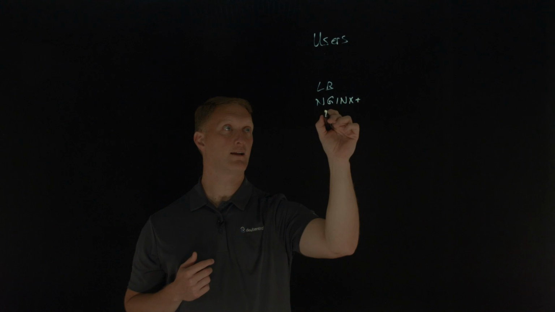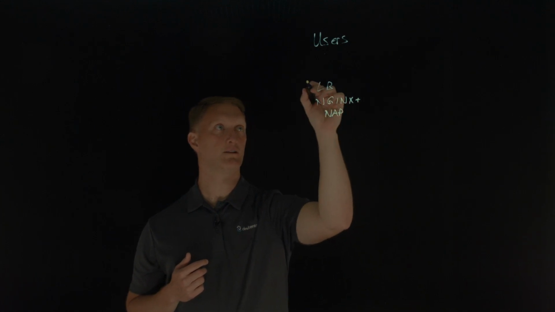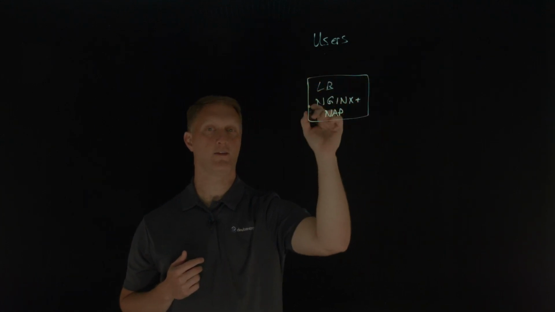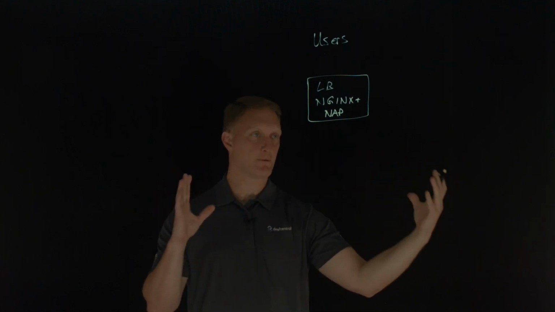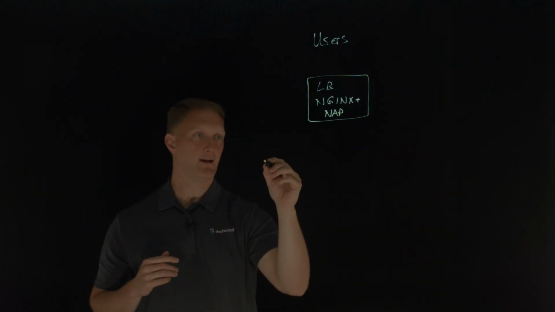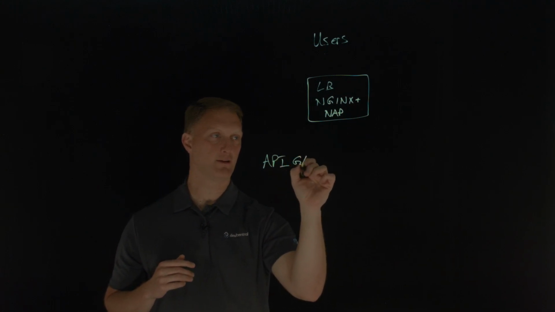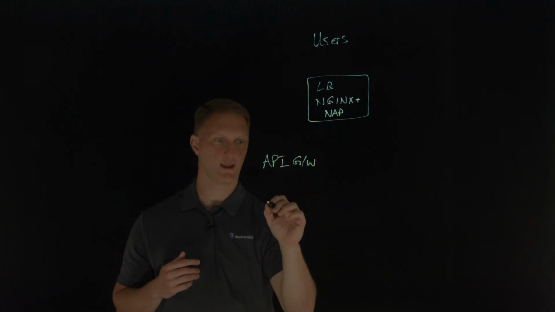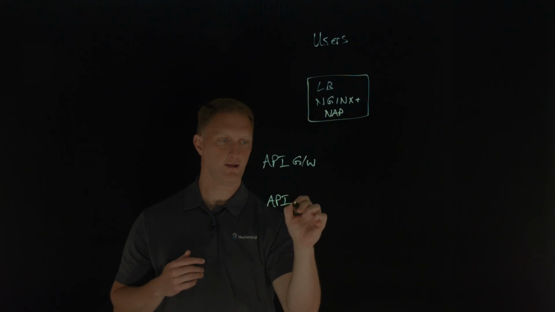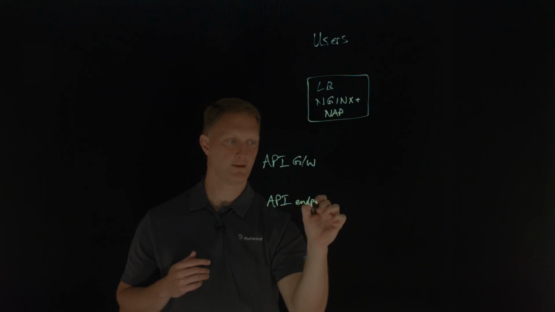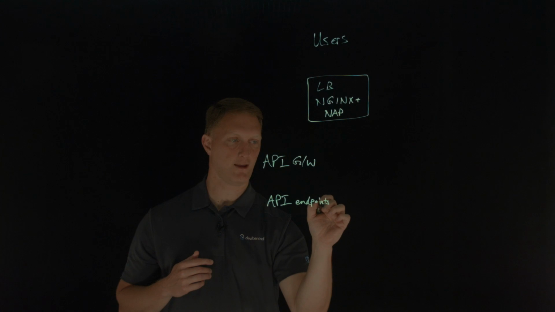And you can put NGINX App Protect right here as well, so I'll put a little box around all that. Then, just for purposes of illustration, you have maybe an API gateway, so I'll put gateway right there. And then you have API endpoints here, so I'll just put endpoints for various APIs.